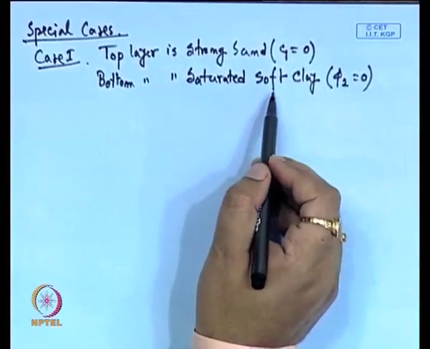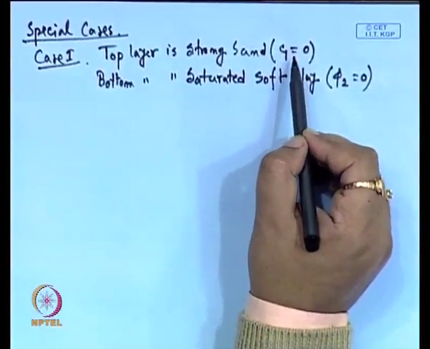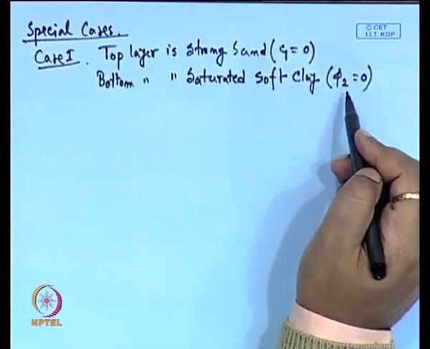So, this is the weaker soil. That means for the top layer C1 is 0 and for the bottom layer phi 2 is equal to 0.